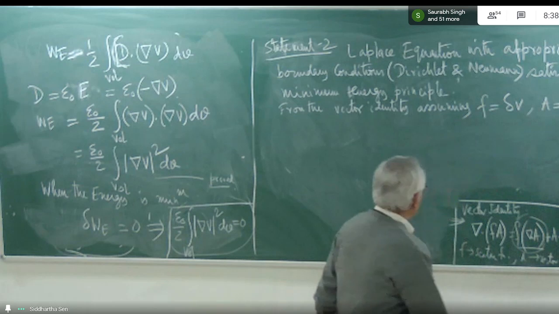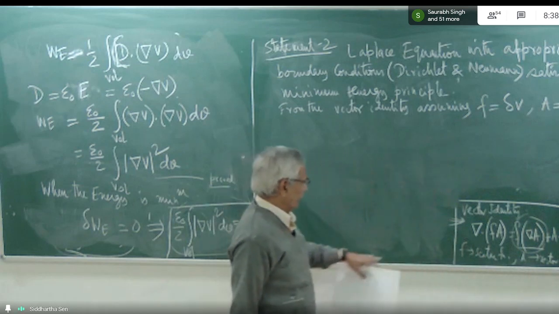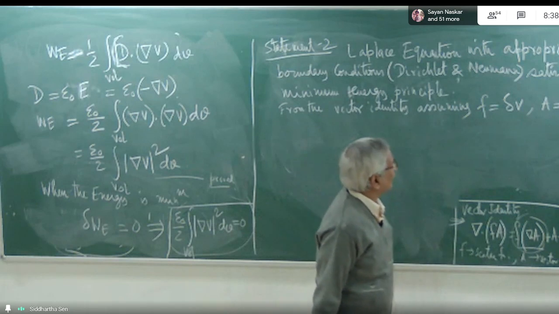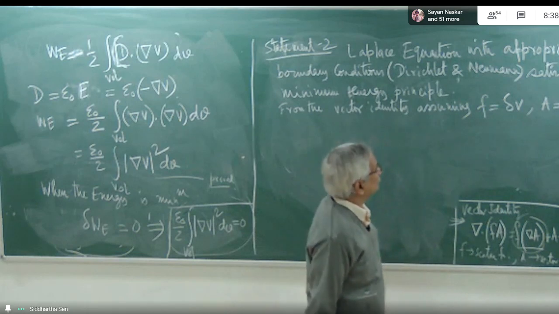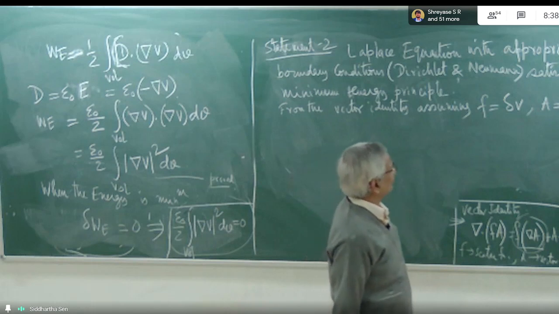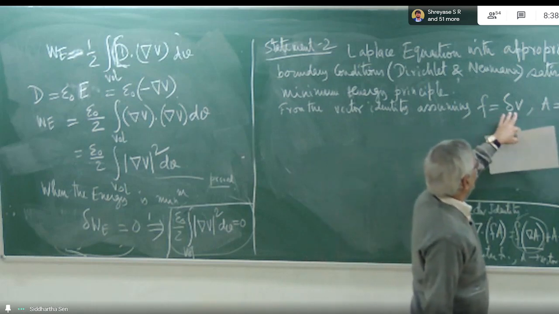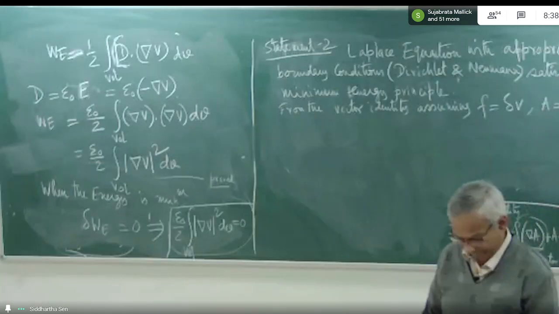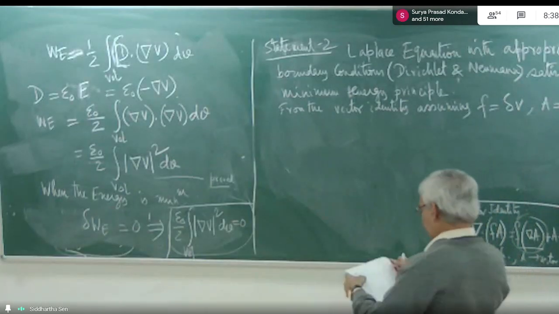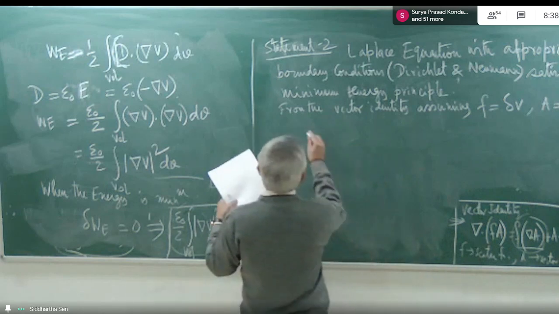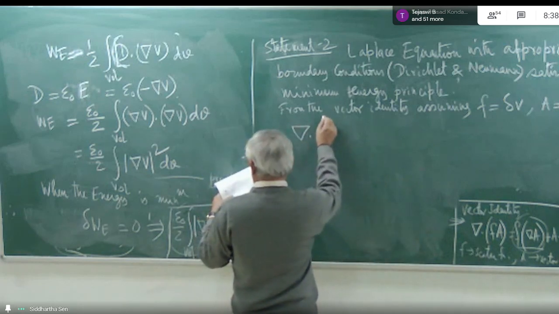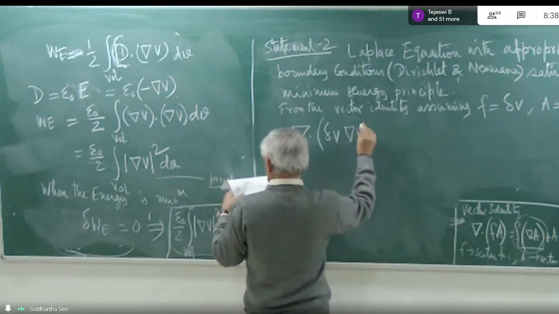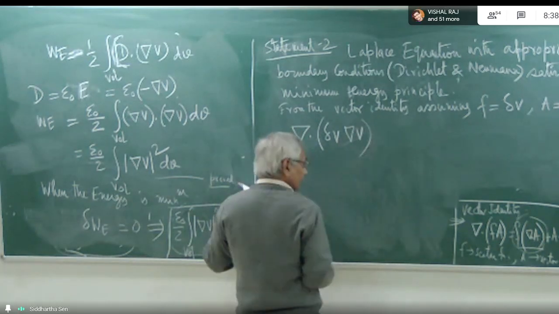Earlier it was f equal to v and A was D or something. Now f is equal to delta v and A is equal to nabla v.